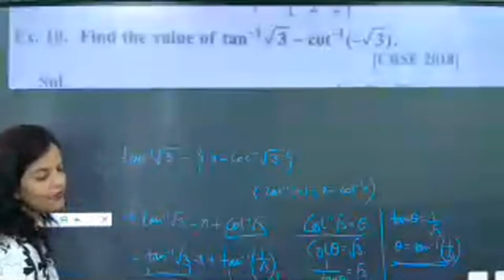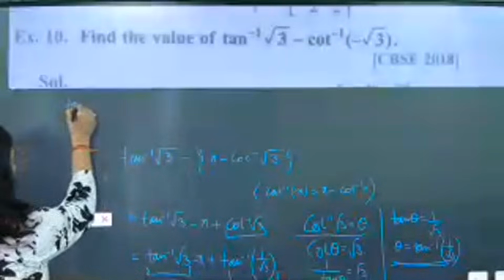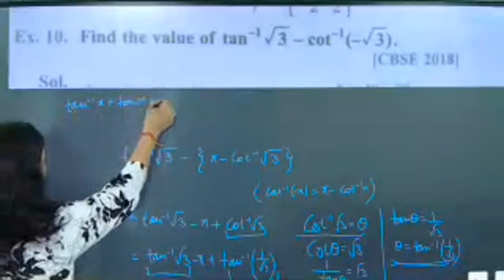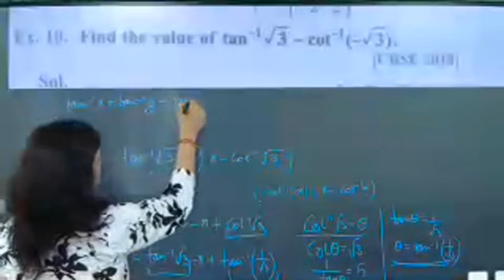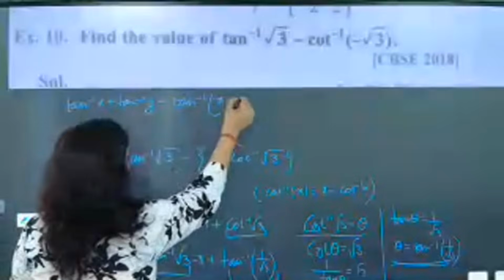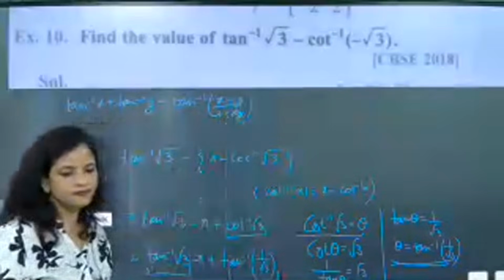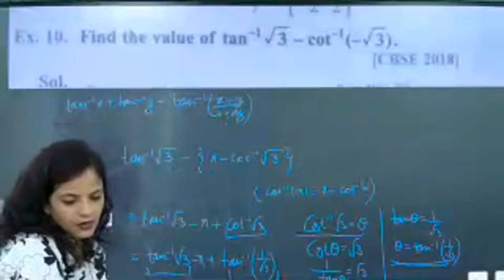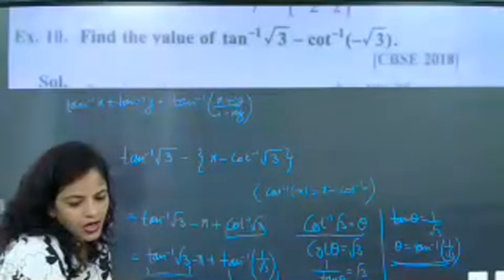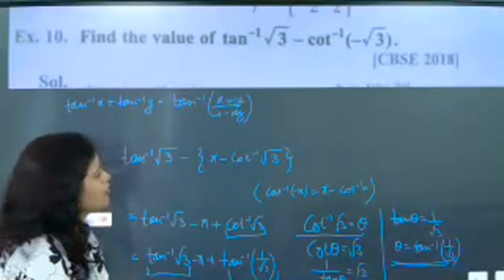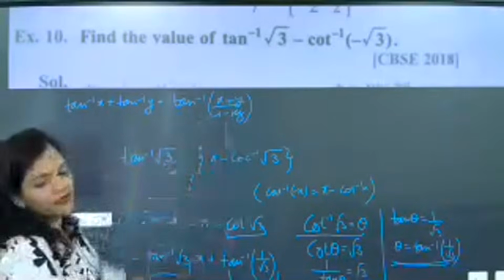We have one formula: tan inverse x plus tan inverse y is equal to tan inverse of x plus y by 1 minus xy. This is the formula we are going to remember. Understood?